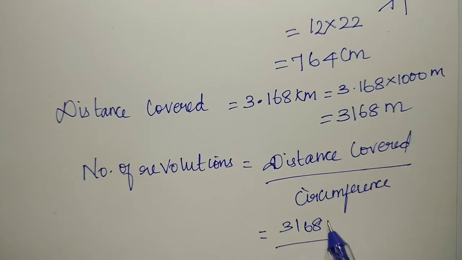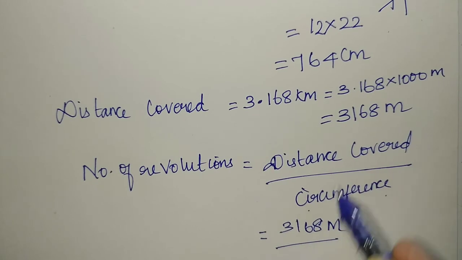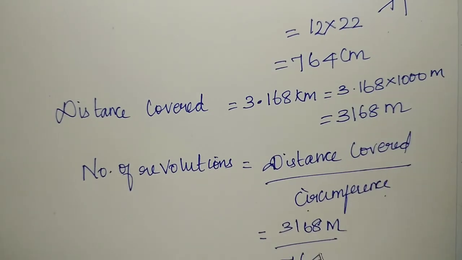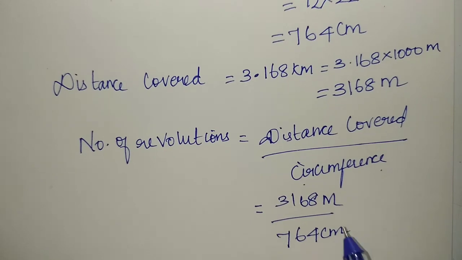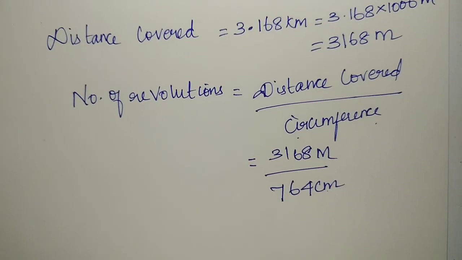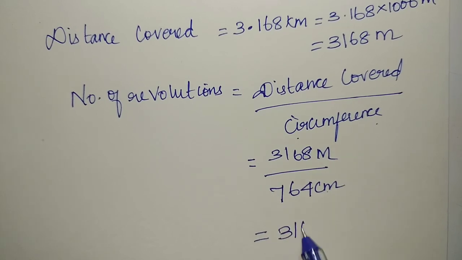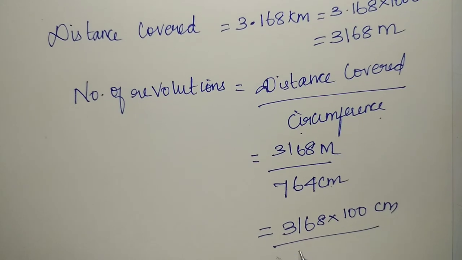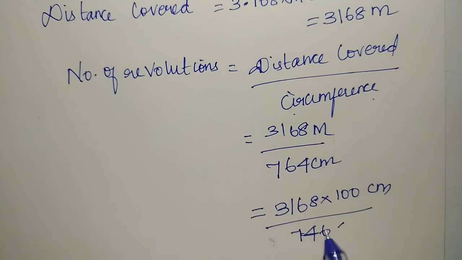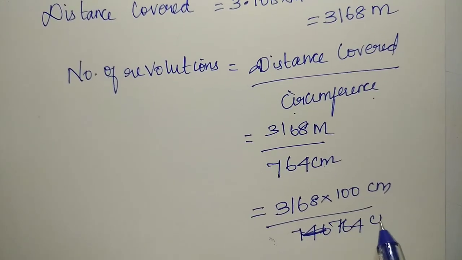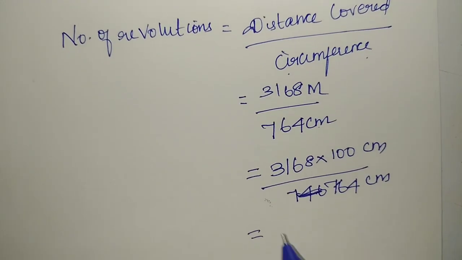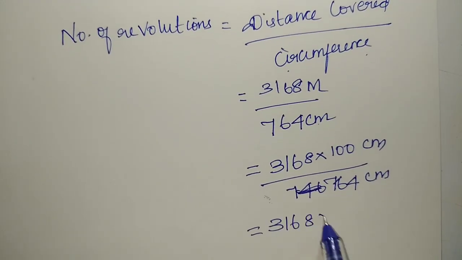What is the distance covered? 3168 meter, divided by circumference 264 centimeter. See, one is in meter, another is in centimeter. So how to convert meter into centimeter? 1 meter is equal to 100 centimeter. So both are in centimeter. So 3168 into 100 divided by 264.